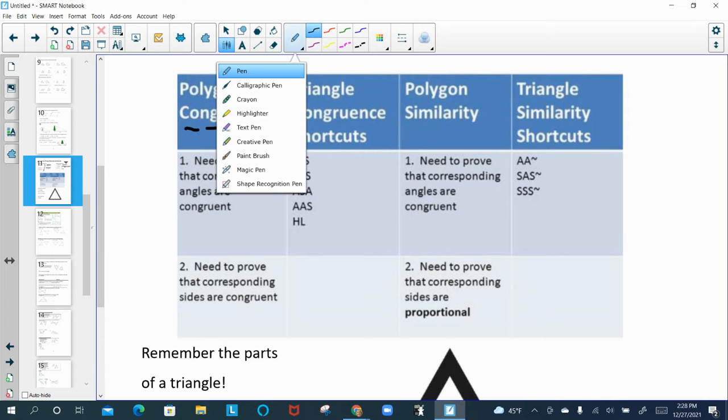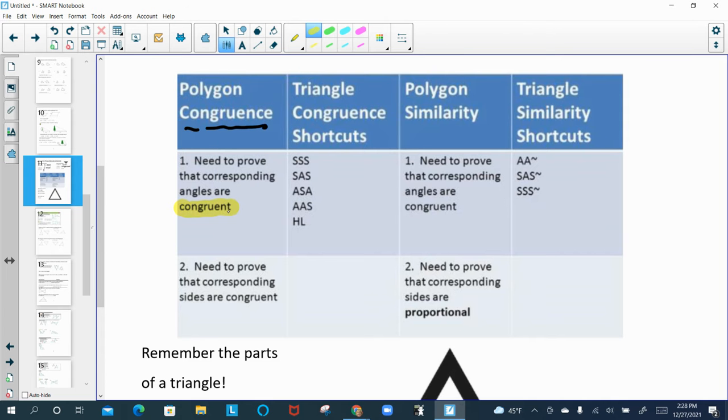So if you look at the chart, the sides had to be congruent, the angles had to be congruent. But now for similarity, we need to prove that the angles are congruent. That still stays true, but now we have to prove that the sides are proportional.